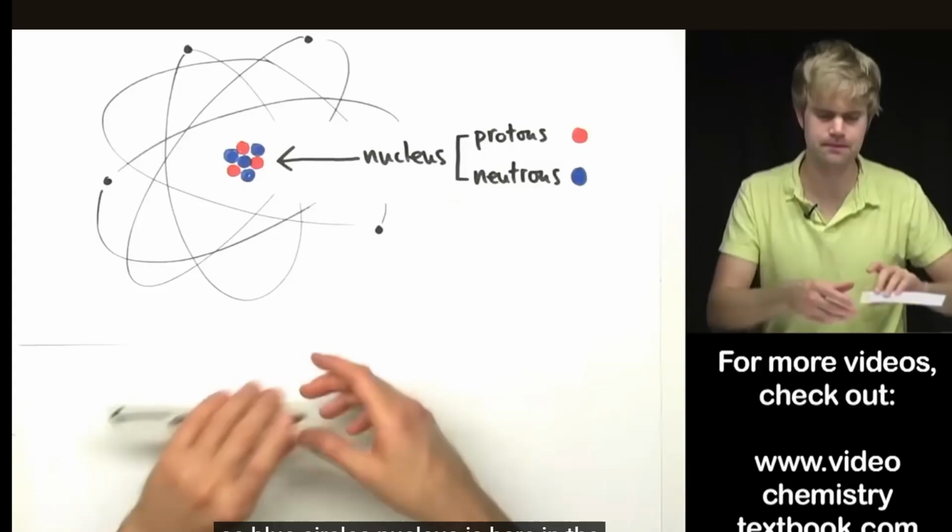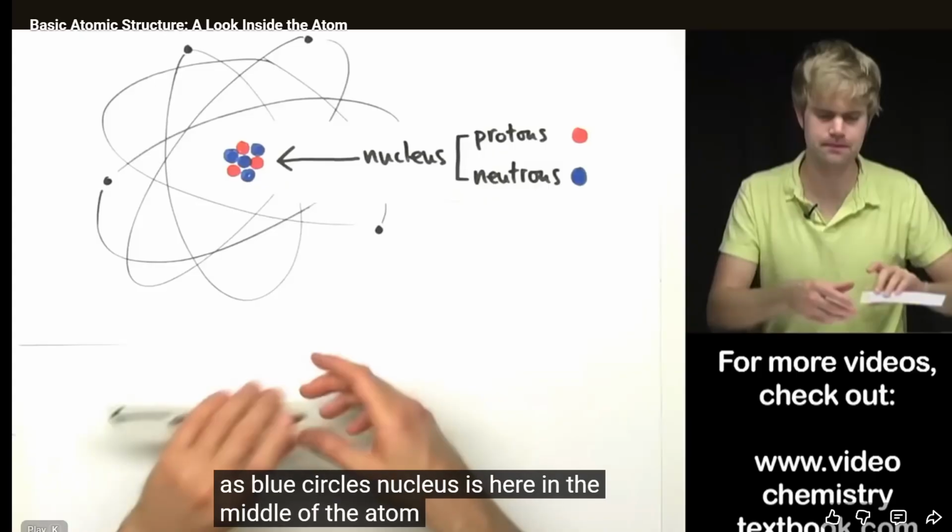We'll talk more about that later. What is the mass of a neutron? 1. So a proton weighs 1, a neutron weighs 1, and electrons weigh next to nothing. So we just ignore them, okay? I'm going to let Tyler talk more about that, though.